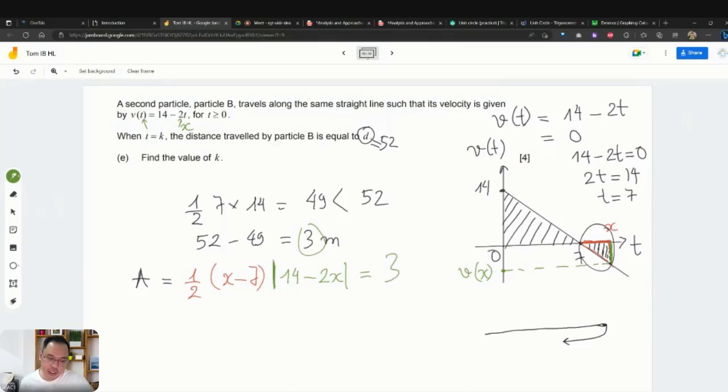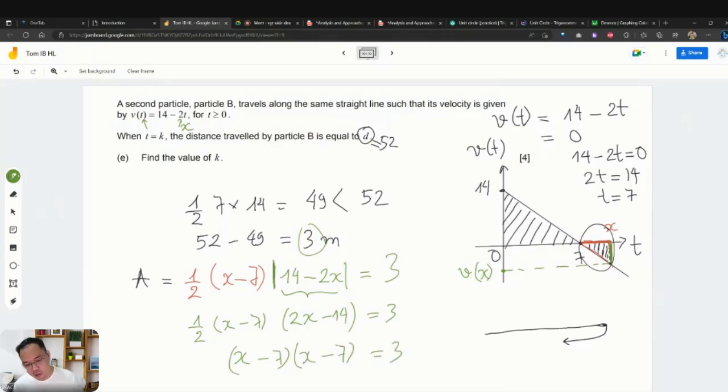Solving this equation, I know for sure that 14 minus 2x is a negative value. To make it positive, I simply reverse it, meaning 2x minus 14. In front of it is 1/2, and making 2 the common factor and dividing by 2, I have x minus 7 multiplied by x minus 7 equals 3. So x minus 7 all squared equals 3.